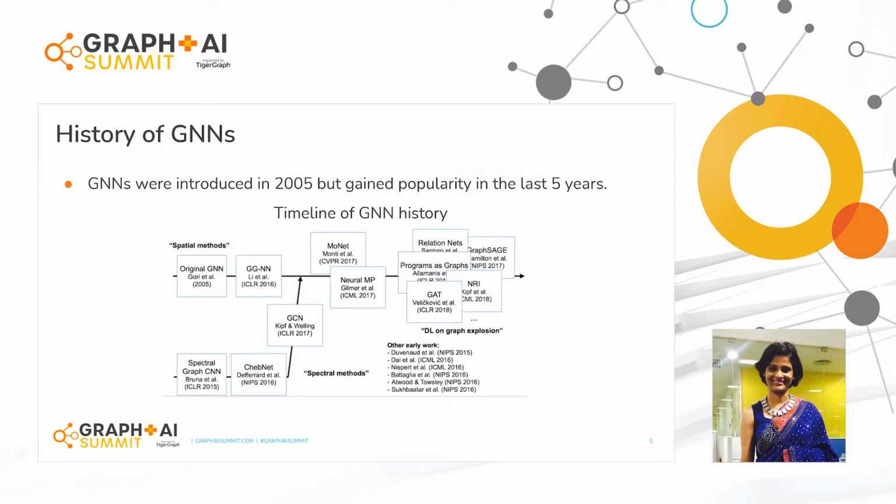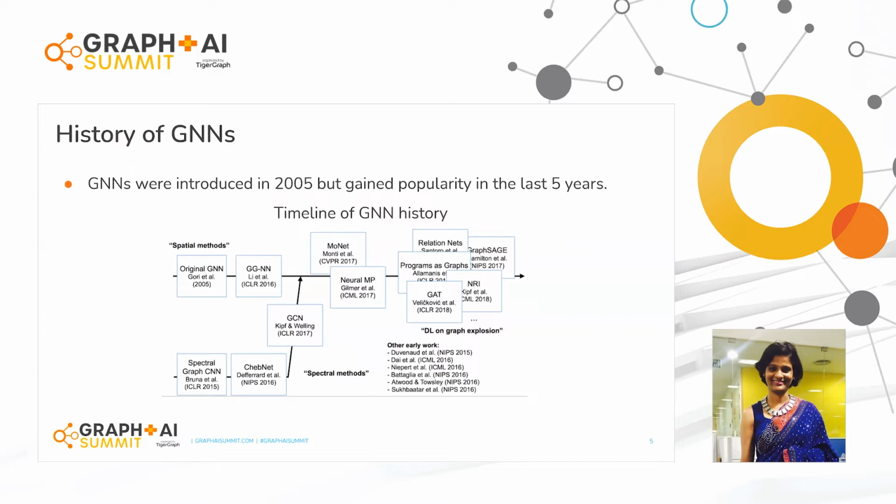Now let's look at a snapshot of the history of GNNs, how GNNs evolved over the period. GNNs are not something which is new. They've been there since 2005, but it's just that in the last 5 years, they gathered a lot of momentum. If you take graph convolutional neural networks, spatial methods were introduced back in 2005. And then we had some recent innovation in the form of GNN in 2016. But spectral methods were more recent.